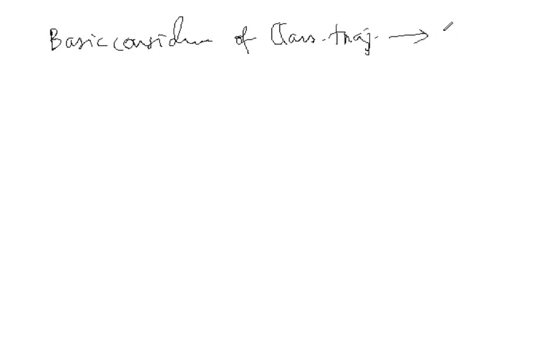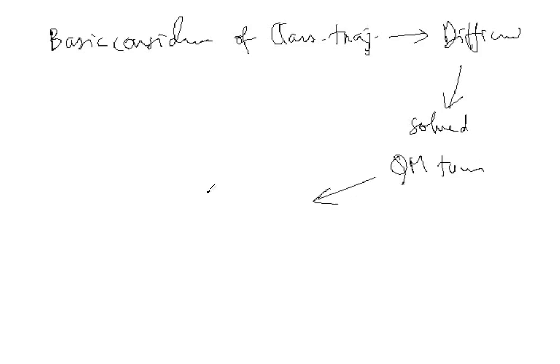Then we observed the difficulties, and next the difficulties were solved by using the quantum mechanical tunneling, and after that we calculated the values for gamma energy for two very important cases, right? So this is what we have done till now.